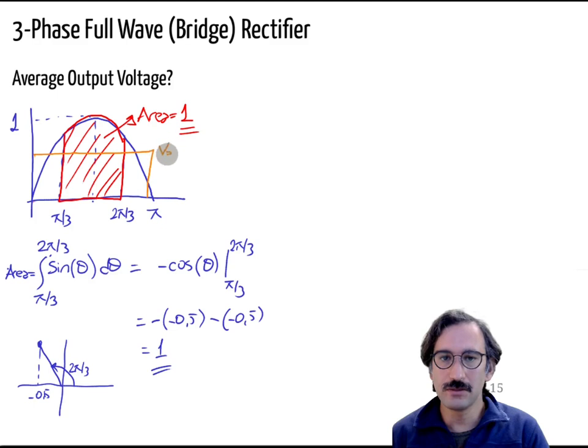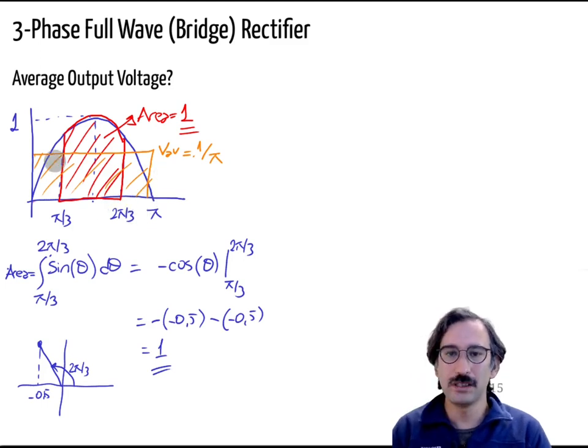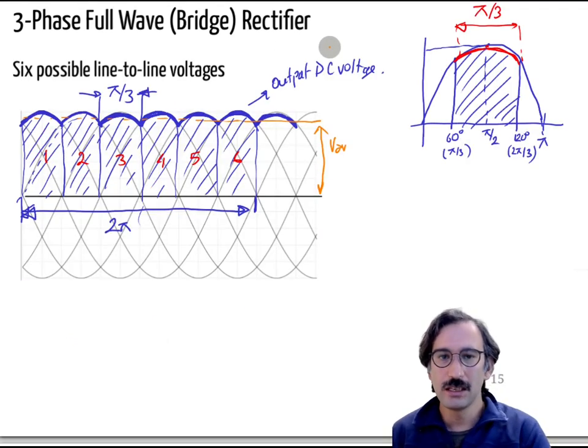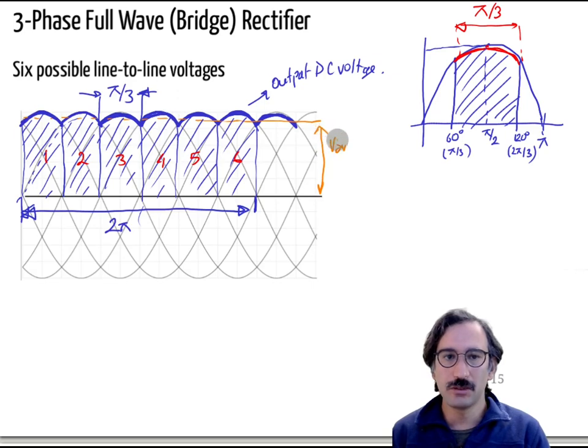And the average, let's say this is V average. V average for that one should be equal to 1 divided by pi. So that rectangle has an area of 1, and that red area also has an area equal to 1. Let's go back, and we would like to calculate the average voltage.